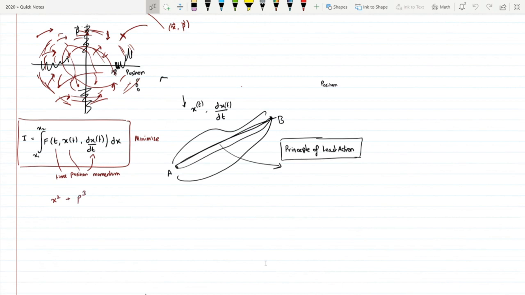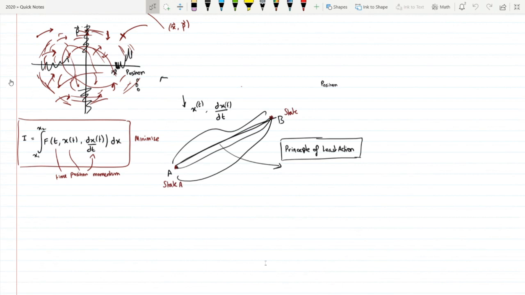And I say, for a particle moving, this will always be minimized. And you'll say, what? Is that true? Why is that true? So the point is that it helps us constrain what possible functions a particle moving from state A to state B is. Is everyone clear on this? Yeah.